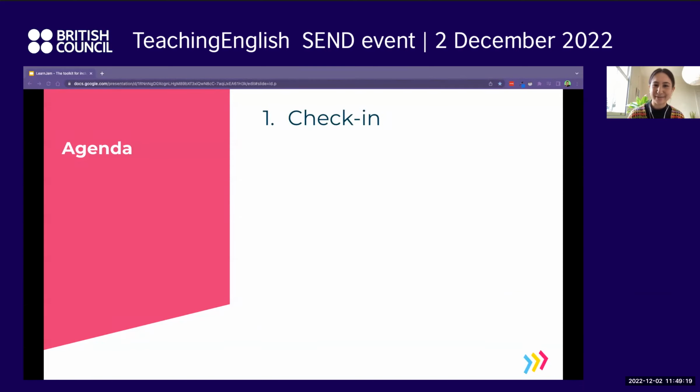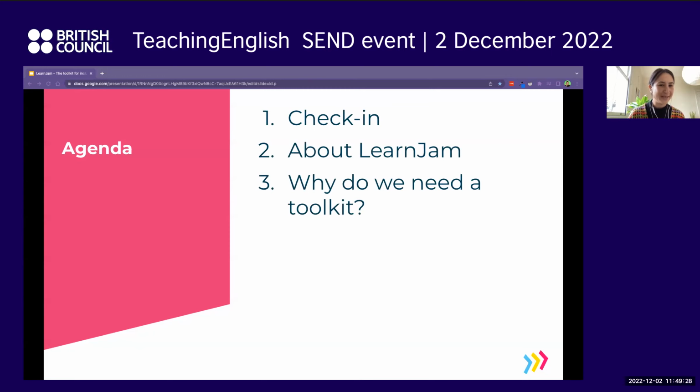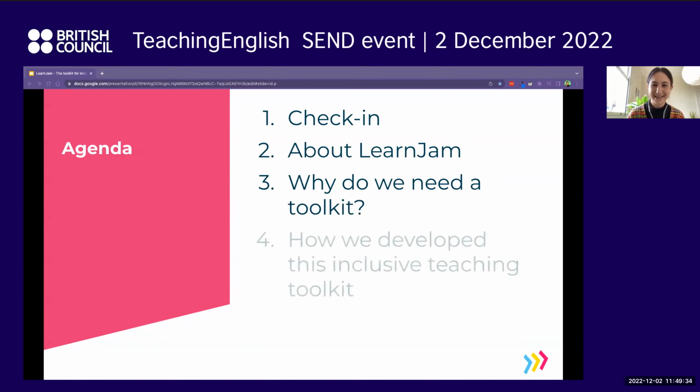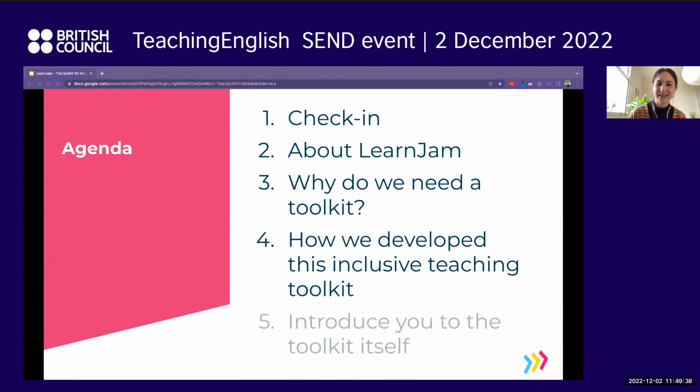I'll explain what that is in a moment. And then I'll tell you a little bit about LearnJam, the organization that I work for. And then we'll think about why we need a toolkit, how we developed this inclusive teaching toolkit, and then I'll introduce you to the toolkit itself.